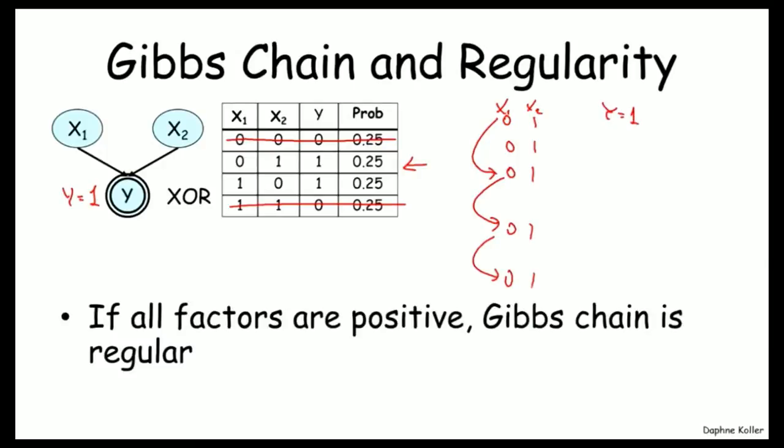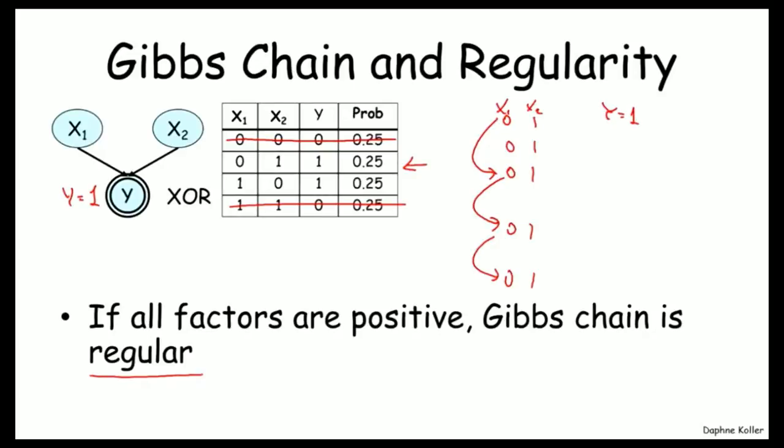On the other hand, if all factors are positive, that is, if there are no 0 entries in any of the factors, then you can show that the Gibbs chain is regular. Now, however, it's important to realize that regular doesn't mean good. So I can make this chain regular by adding a tiny probability epsilon of having y not be the exact exclusive OR of x1 and x2.